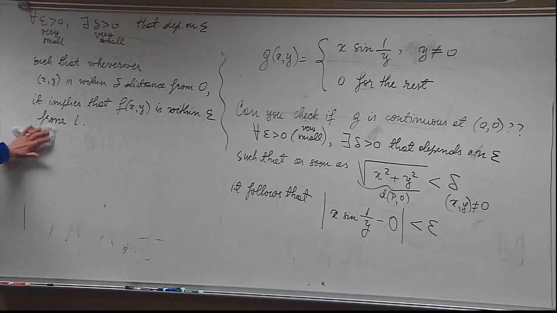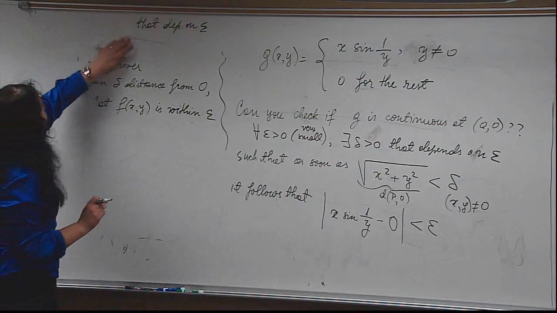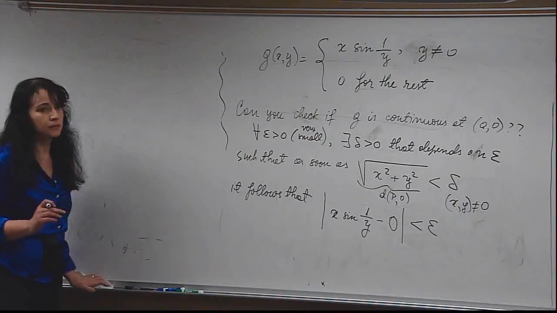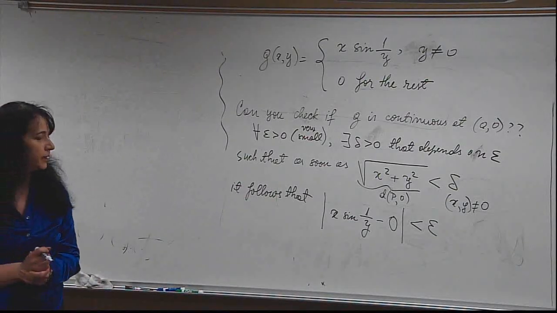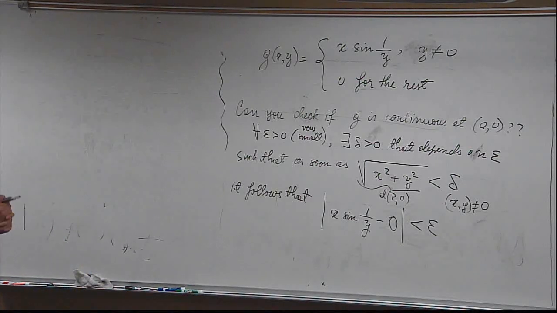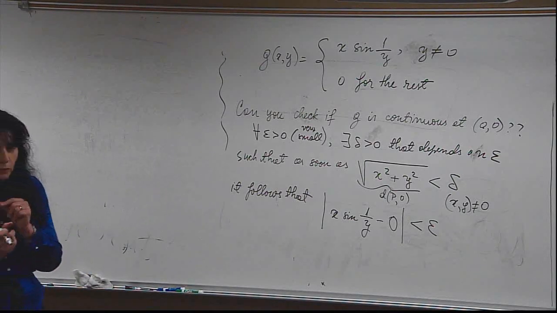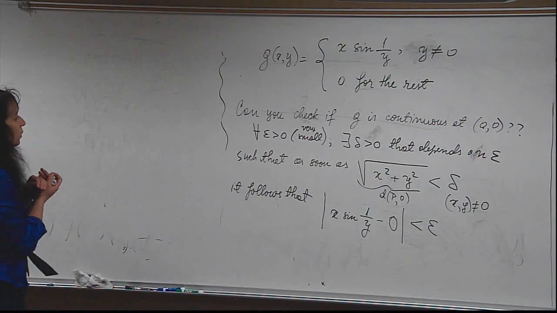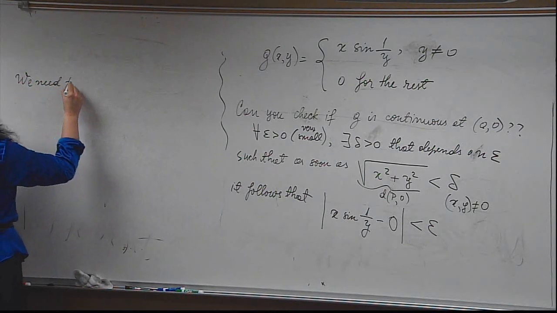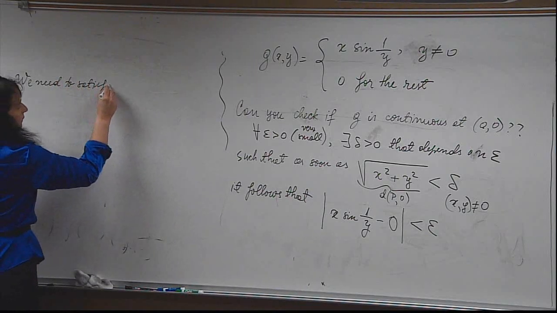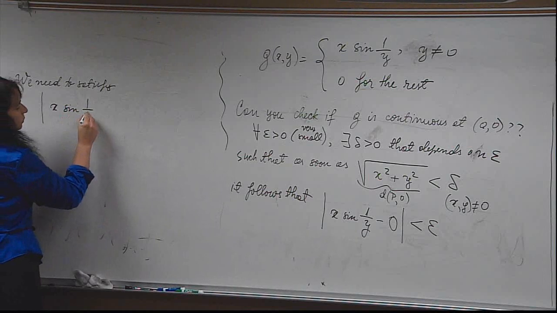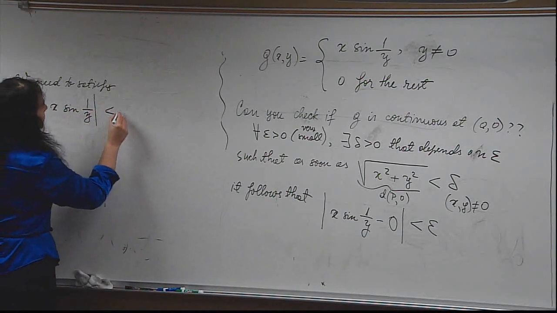So now you're thinking, okay, you want me to prove there is such a delta that depends on epsilon? Yes. What would that delta be? The simplest choice you can have in this case. So you go, oh my God, how do I do that? You have to always think backwards. So we need to satisfy the absolute value of x sine of 1 over y less than epsilon.